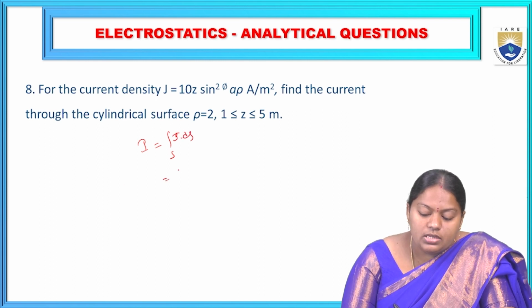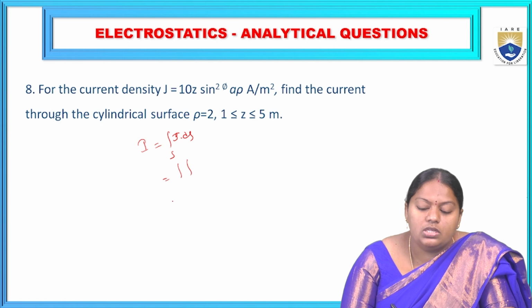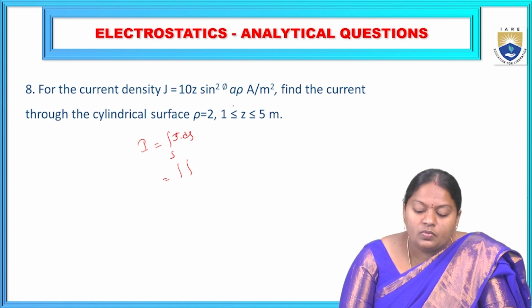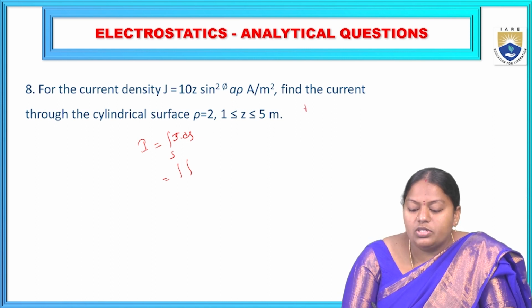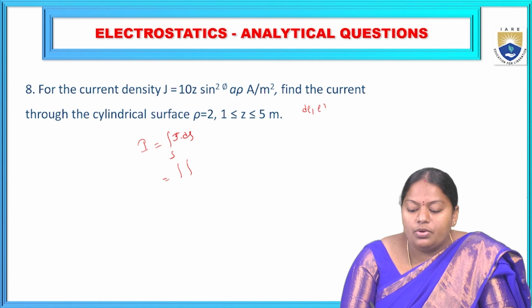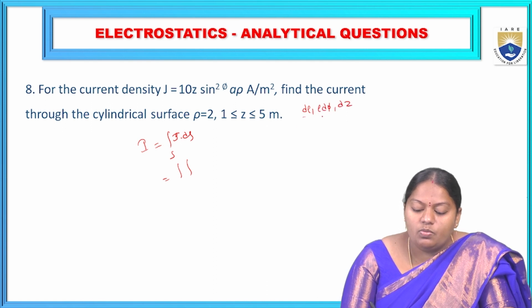Then we integrate with respect to two variables. The differential components are d rho, rho d phi and dz. Since the rho direction is given, the formula for ds is rho d phi dz.